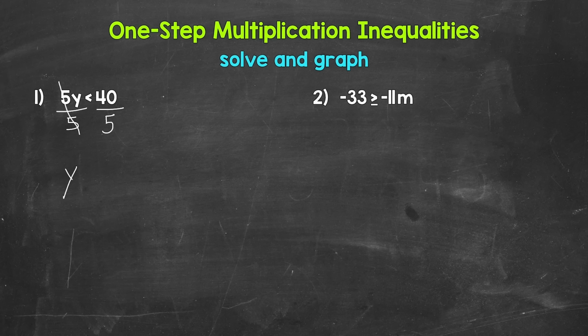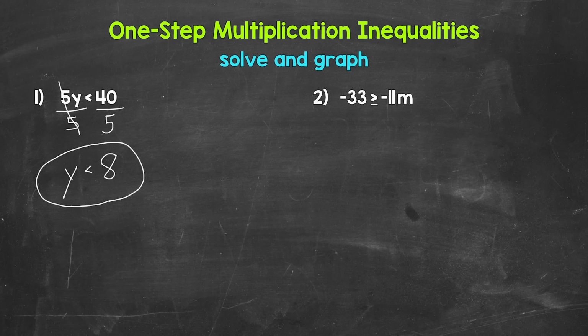Y is now isolated. So we have y is less than, and then on the right side, 40 divided by 5 gives us 8. So y is less than 8. And that's our answer. So any value less than 8 is a solution of this inequality. It will make it true.